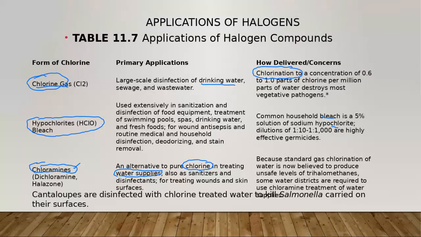Just for example, in Lexington, they use chloramine in their water treatment plant, but some water treatment plants in Eastern Kentucky, like Pennsville, for example, still use chlorine. So chloramine is considered safer compared to chlorine.